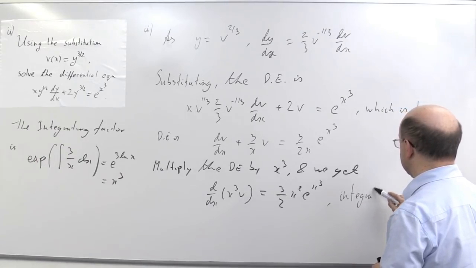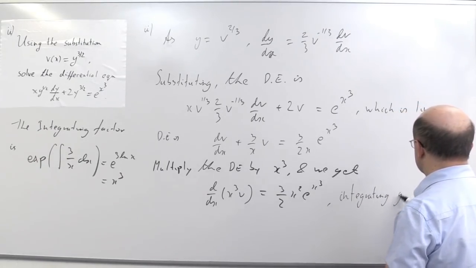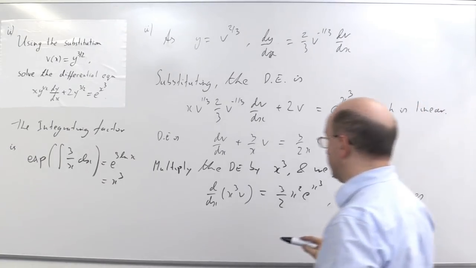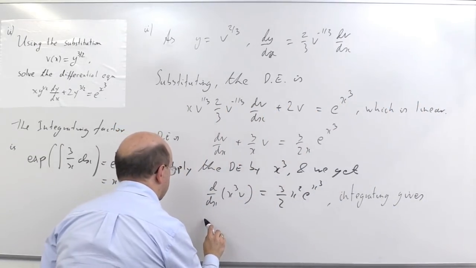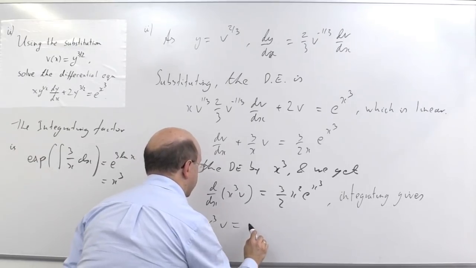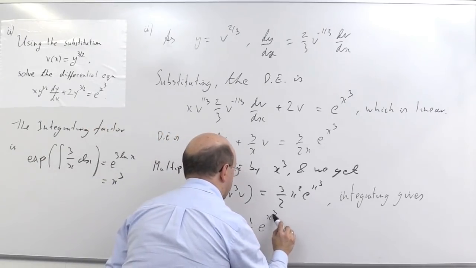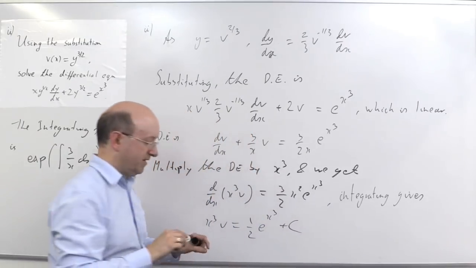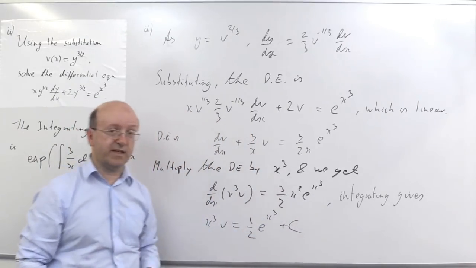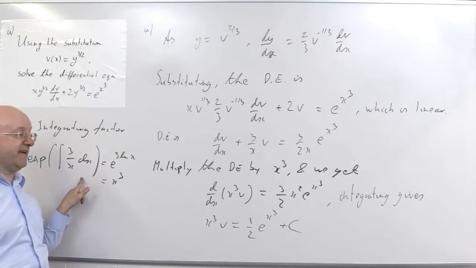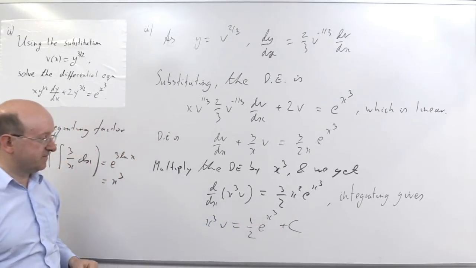Integrating gives x cubed v is, well, the factor of a half is still there, e to the x cubed plus the arbitrary constant. Remember, we must have the arbitrary constant in here. We can leave it off here, but we can't leave it off here.